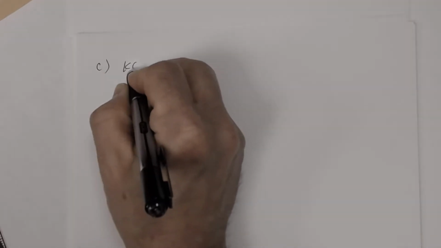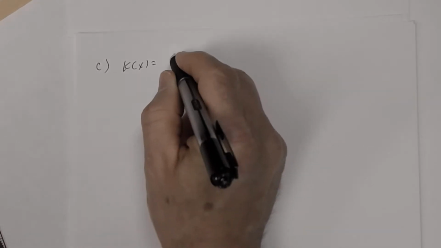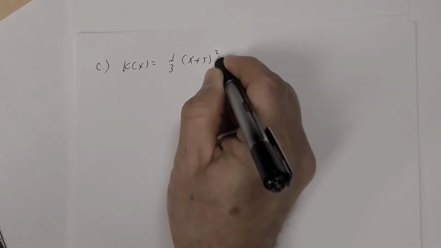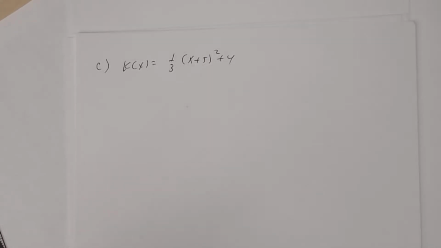So in C, you have this one. Here's C. So k of x is equal to 1/3 times x plus 5 squared plus 4. So 1/3 x plus 5 squared plus 4.